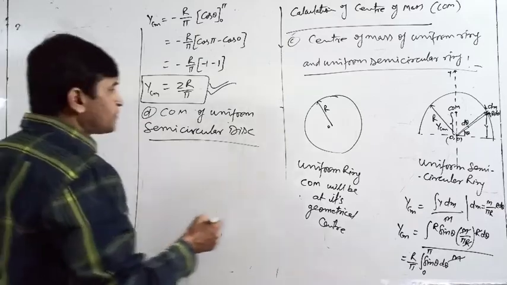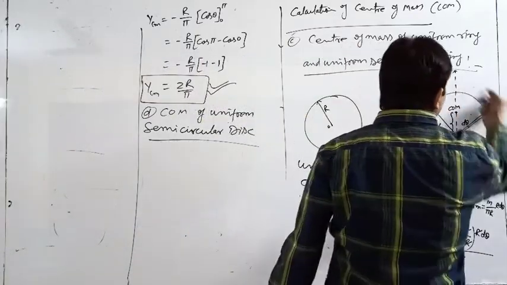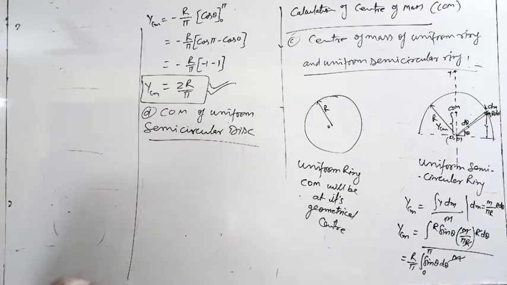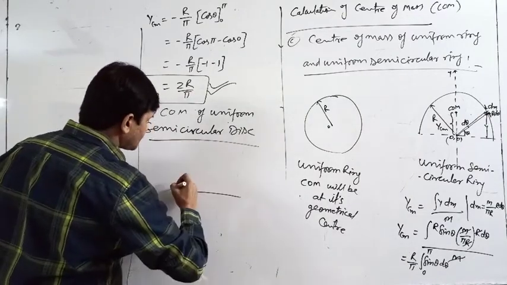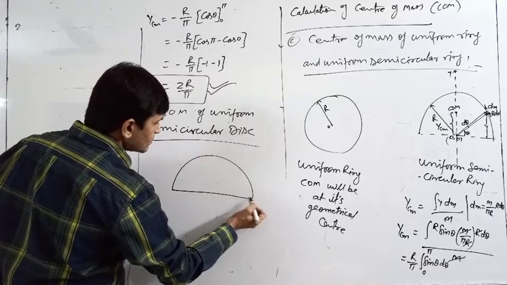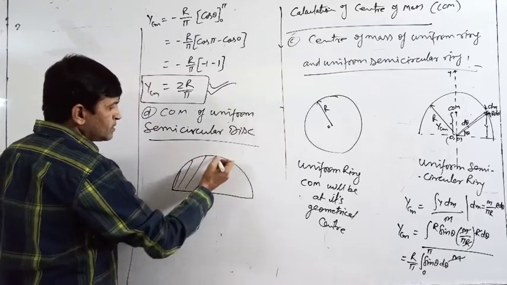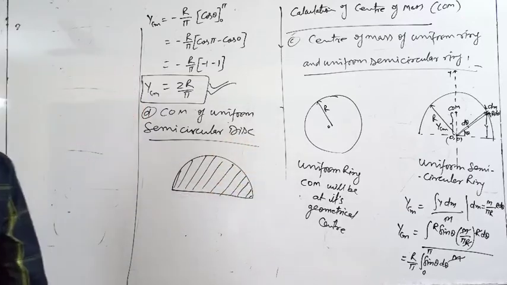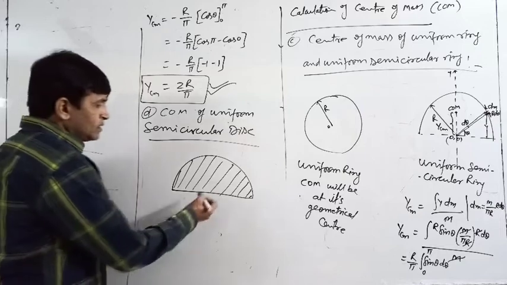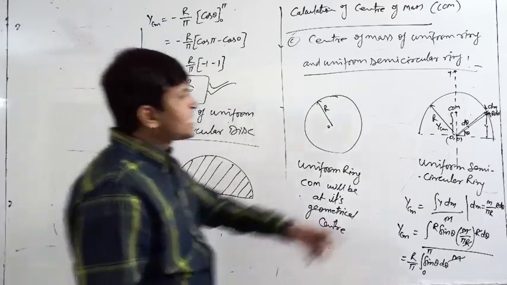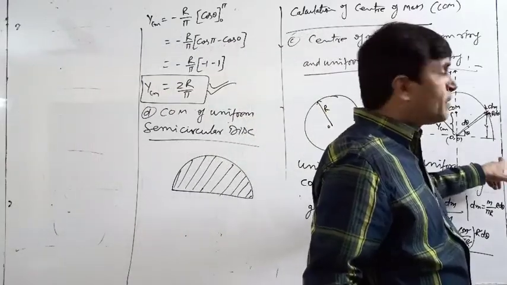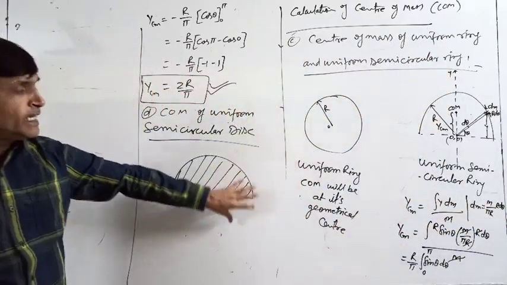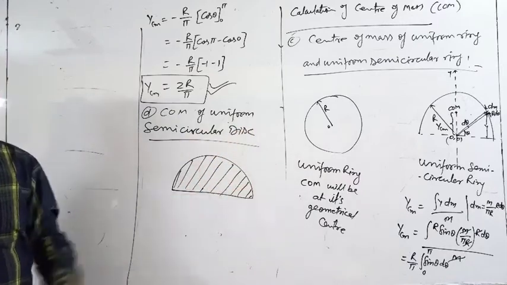In case of ring, mass is only on the circumference, just like on a line. But disc is like this. This is the total mass. Everywhere mass is there. So here mass distribution is in the linear form. Here mass distribution is in the areal form. Areal means in the area.